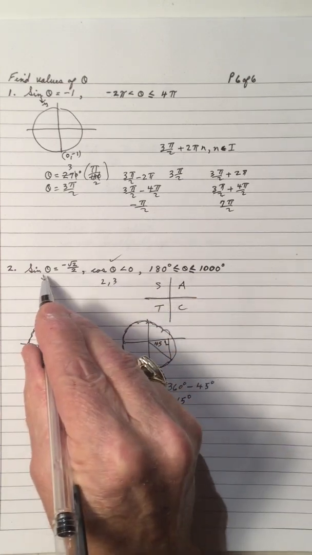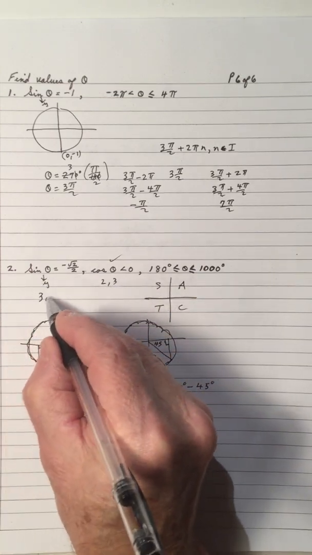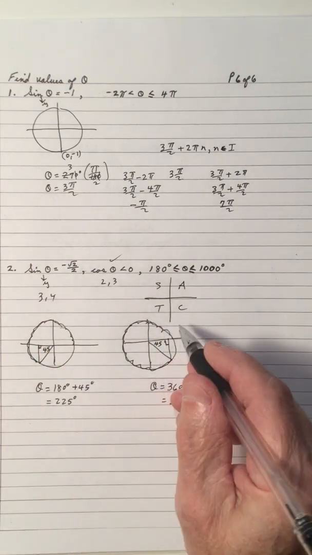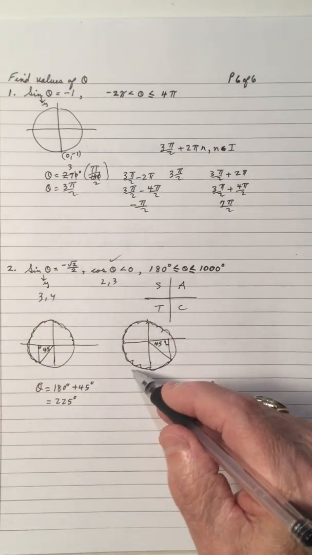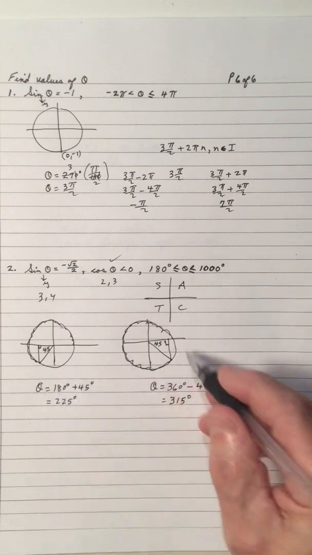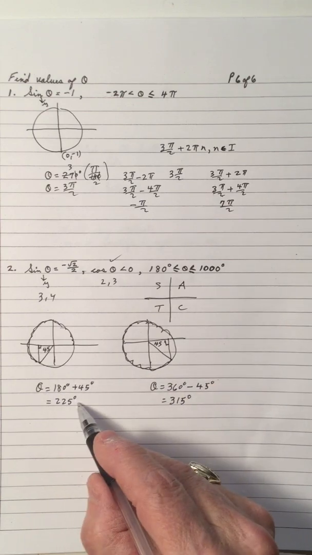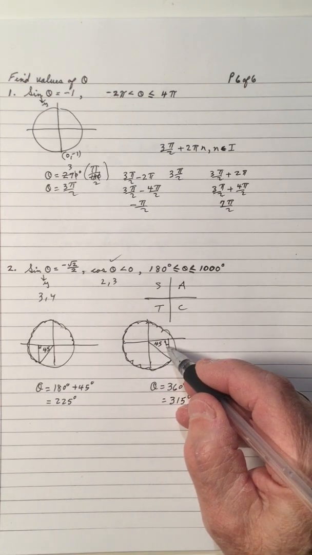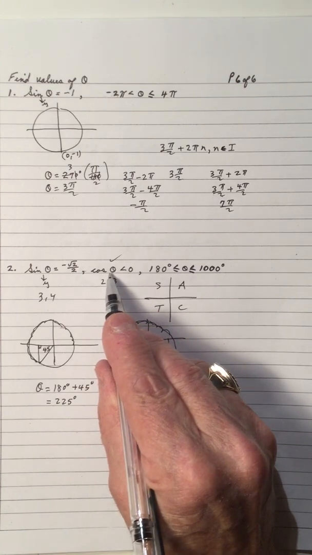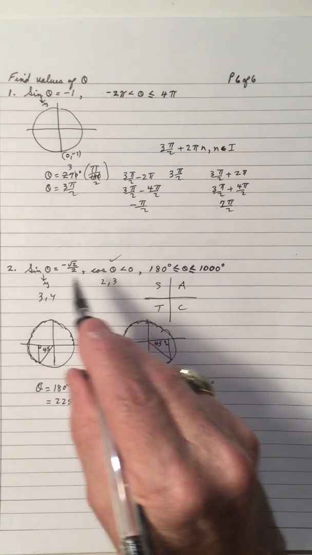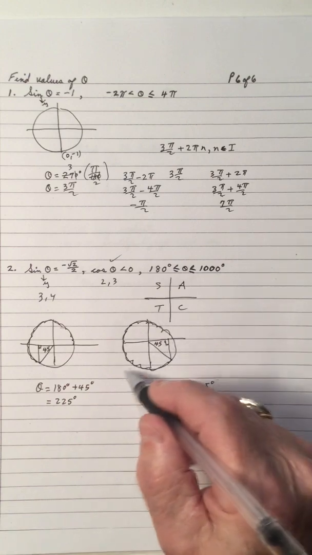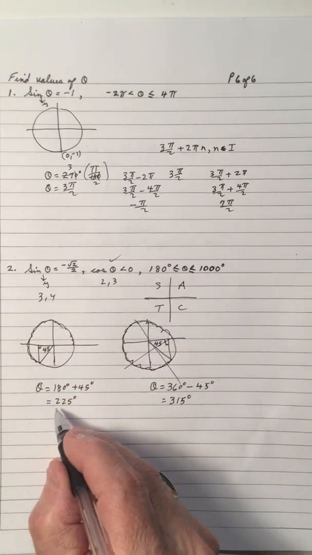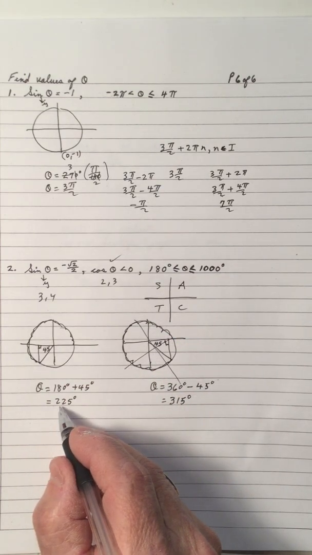Sine is negative in 3 and 4. So this is not where we're looking. We're only looking at the 225, because we can't look in quadrant 4, since cos is negative in quadrant 3, sine is negative in quadrant 3, so we don't look at this one. So we only look at the 225.